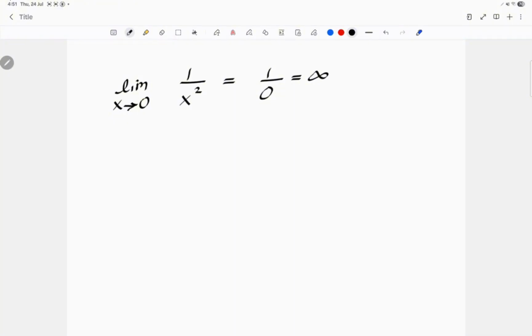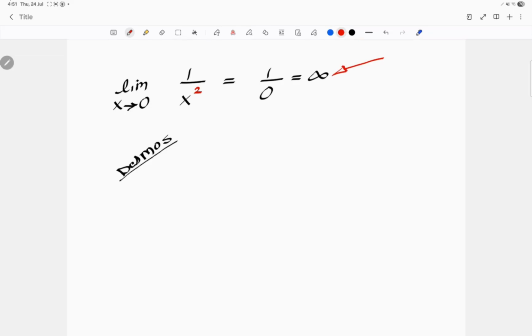Okay? So right now, if I were to graph it for you using Desmos, because the denominator is squared, my left-hand limit and my right-hand limit will both approach infinity.